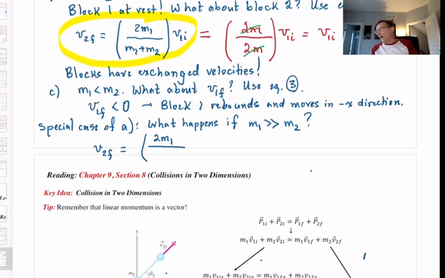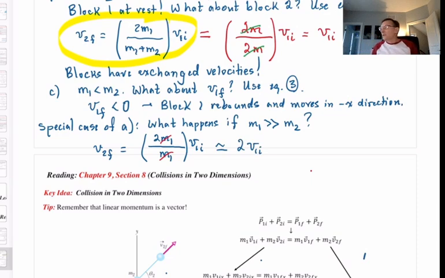Yes, technically it's 1,001. But at least to get a sense of what it's going to be, it's good enough to say it's 1,000. So I'm going to replace M1 plus M2 with just M1 in the V2 final formula. It's technically an approximation, but if M1 is much, much greater than M2, it's a very good one. Then it simplifies the formula, because now I'm left with an M1 upstairs and downstairs, and it just cancels. And I have, technically it's approximately, 2 V1 initial.